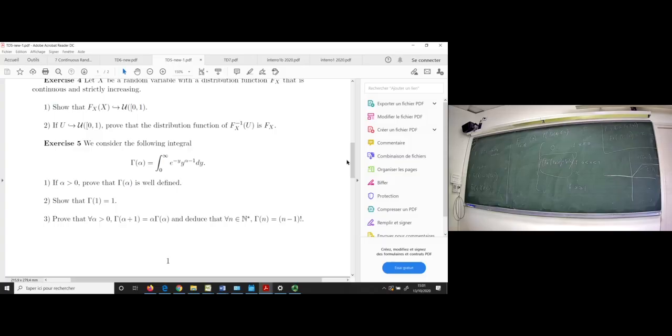Some questions, maybe? So I repeat that here, it's not that strange to try to compute this quantity, because I see that in my statement, distribution functions are important. So in order to find the distribution of a random variable, let's compute its distribution function instead of doing other things.